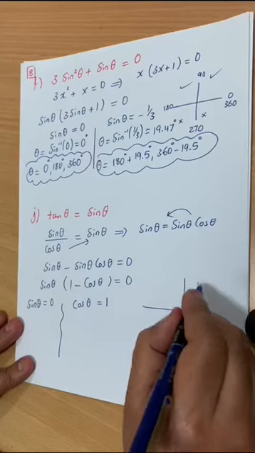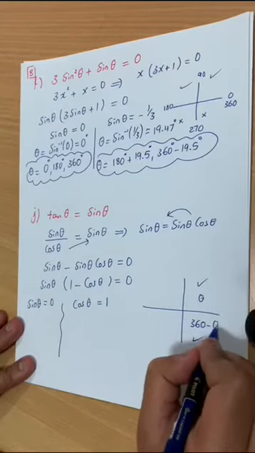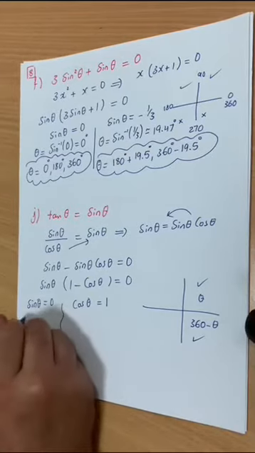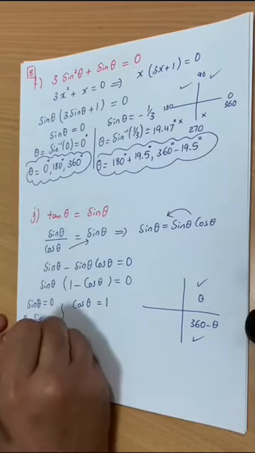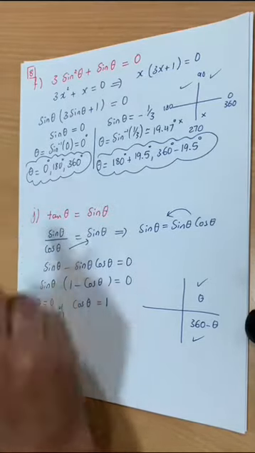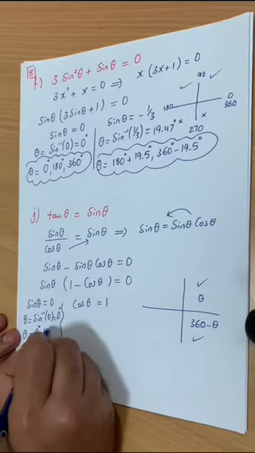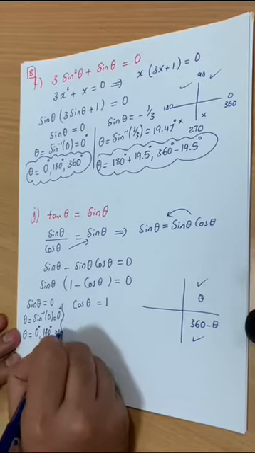Cosine positive in the first and fourth expressions are theta and 360 minus theta. So let's find the reference angle. Inverse sine of 0 will give you 0. It's the same idea of the previous question. So three angles, 0, 180 and 360.